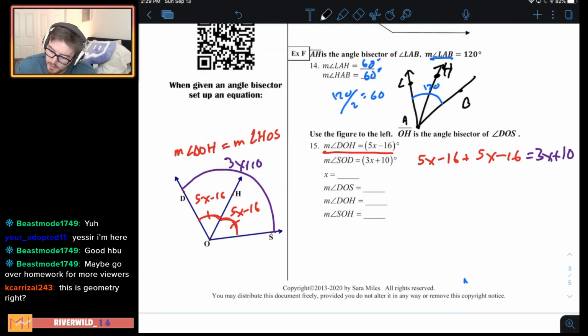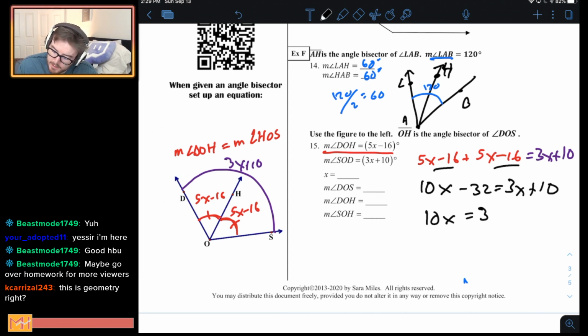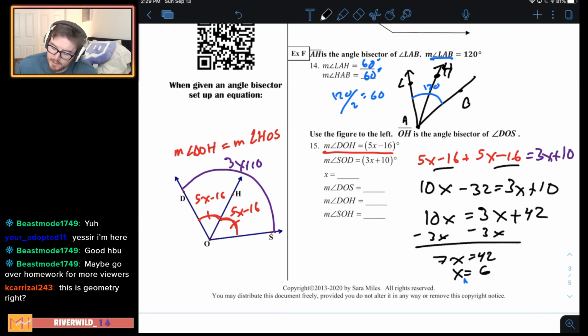And solve. 5 and 5 make 10x. Negative 16, that's negative 32. Add the 32 over, subtract the 3x over. So therefore, x equals 6.